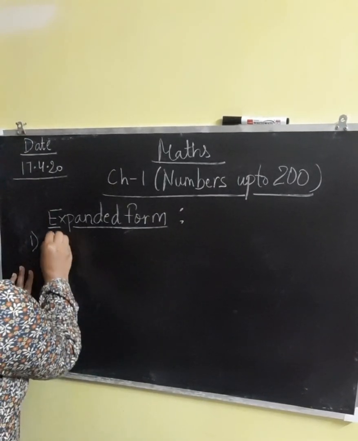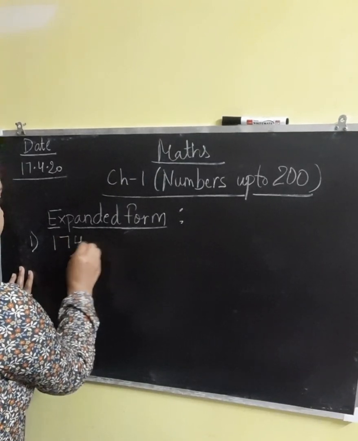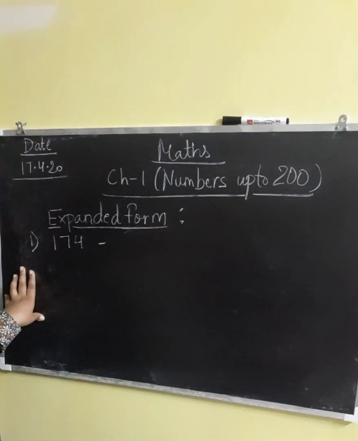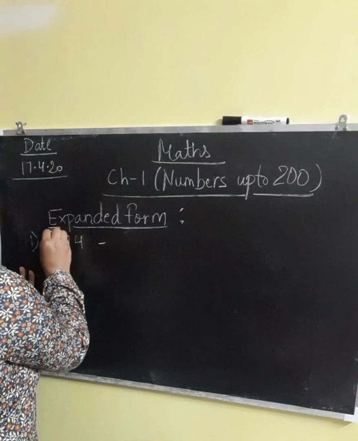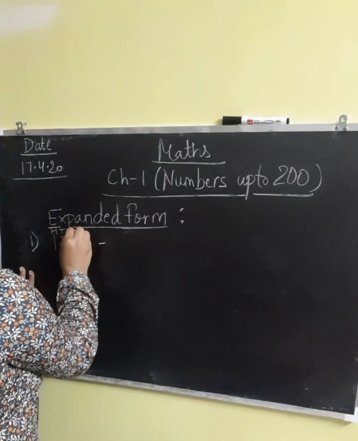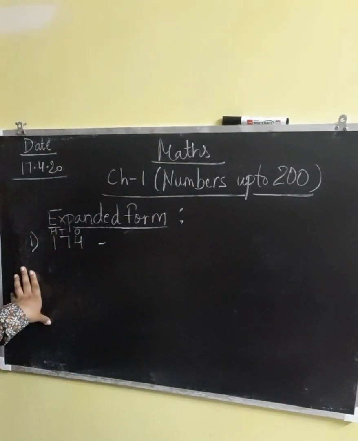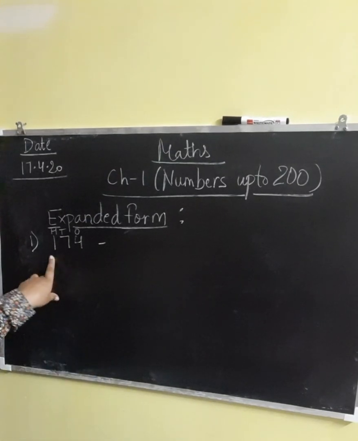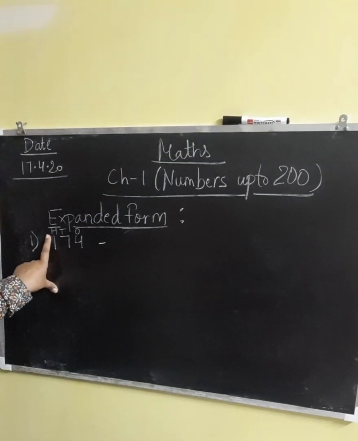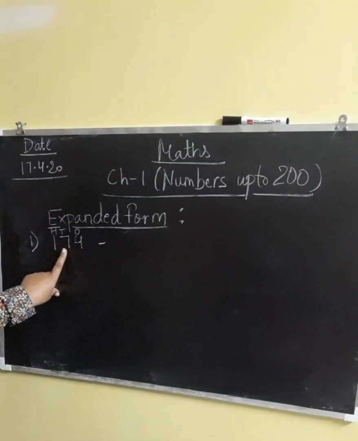The first one is 174. So yes, again for your better understanding, please mark H, T and O on the top of your digits. So it means we have 1 at hundreds place, we have 7 at tens place, we have 4 at ones place.